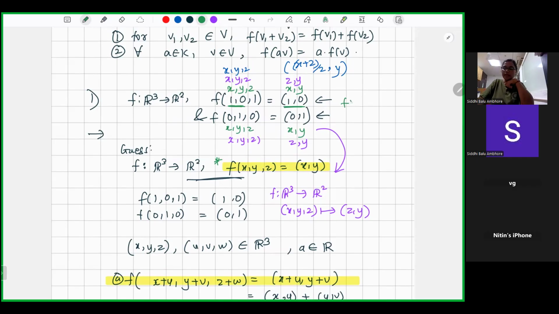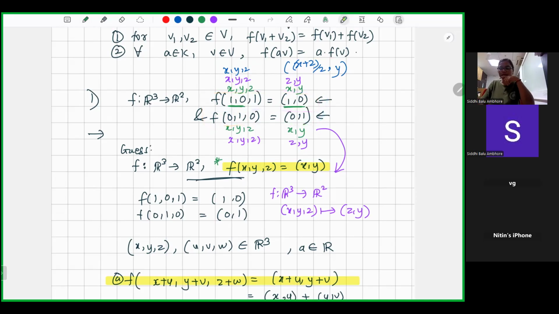Exactly. That's why here also, when I added x plus z, I divided it by 2 because addition of x z will give me 2. But I want the first coordinate to be 1 here. The output should come as 1 comma 0. Yes, exactly. We want f which satisfies these two properties.